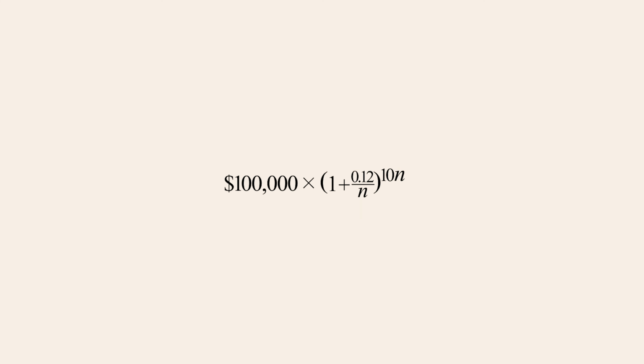With quarterly compounding, the principal is compounded 4 times a year, so n, the number of compounding periods per year, is 4. The exponent 10 times 4 is 40, and 0.12 divided by 4 is 0.03. 1 plus 0.03 is 1.03.